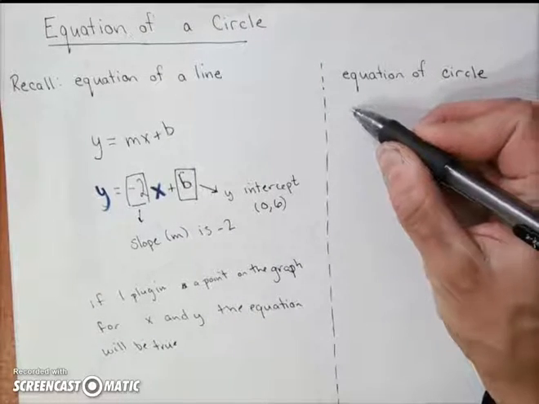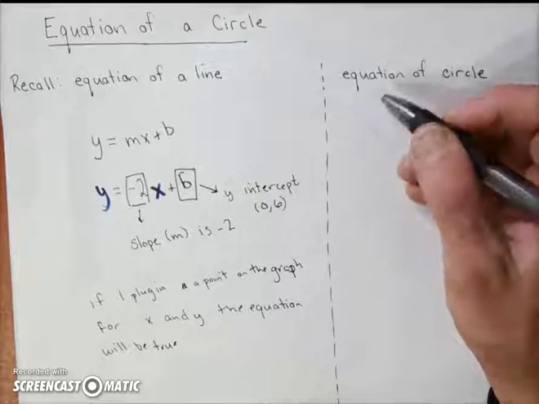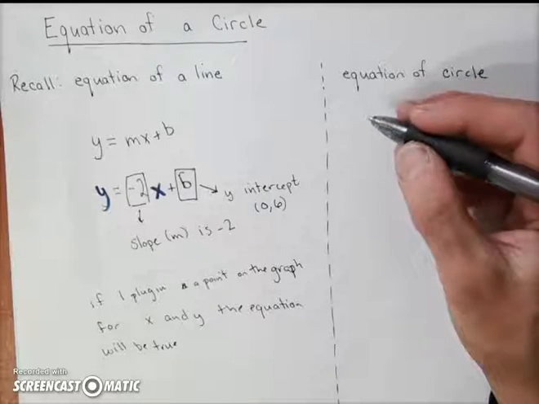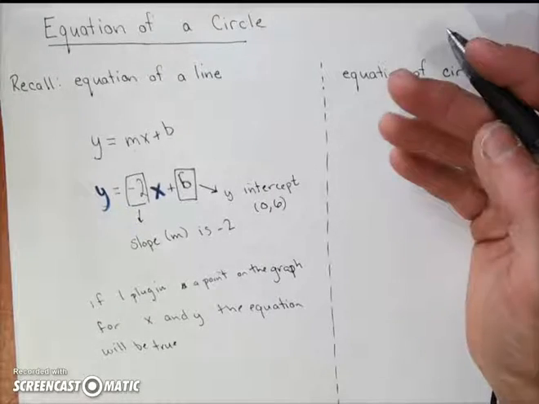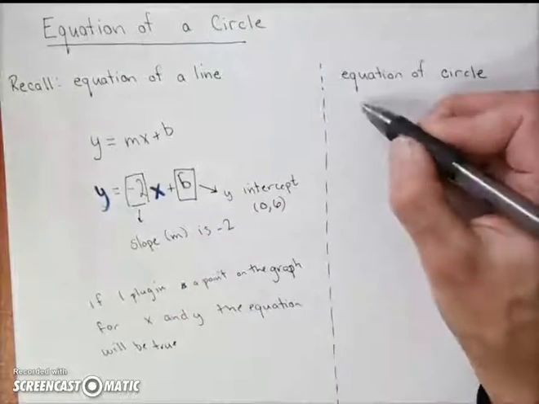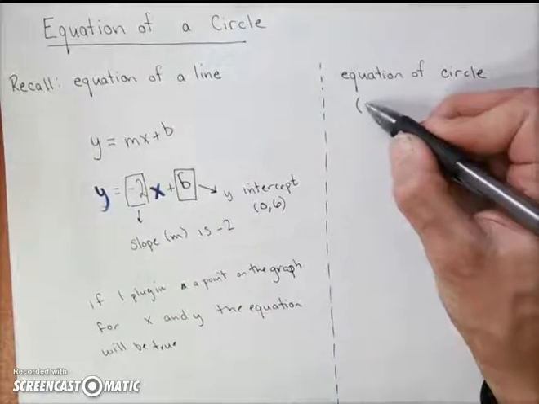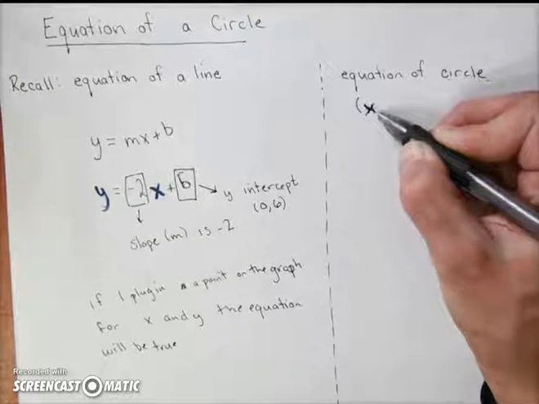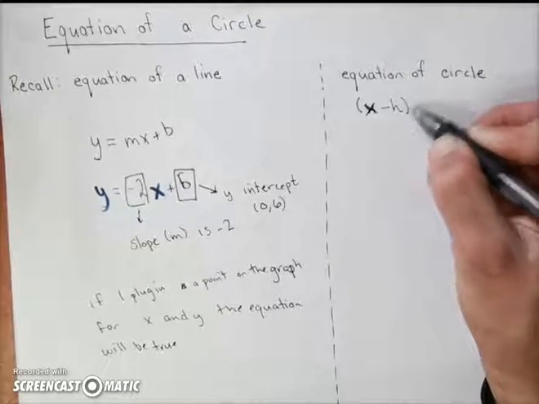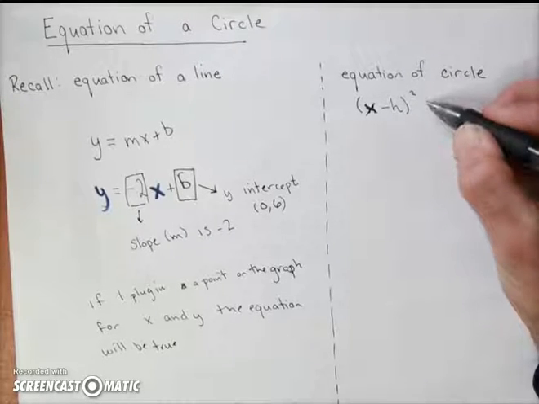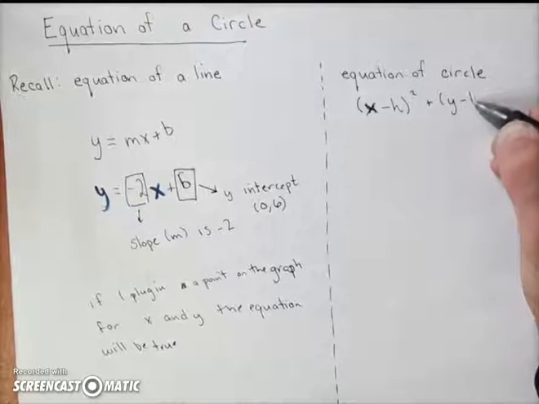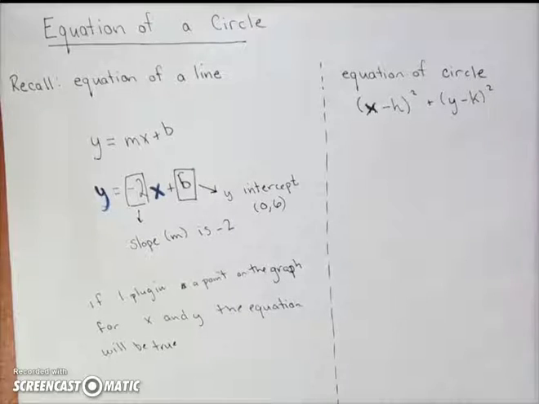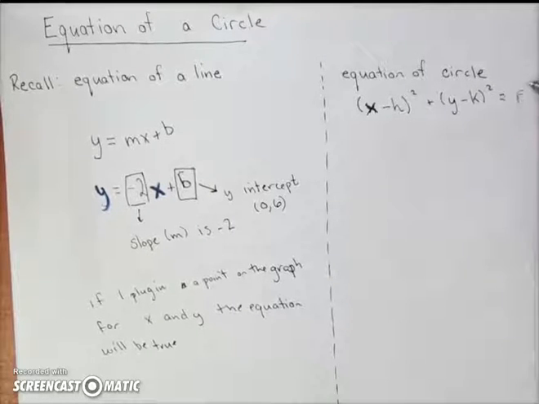Now the equation of a circle, I'm going to give it to you now, and if you're curious about where it comes from, I have another video that explains how the equation for a circle comes from the distance formula. But the equation of a circle is this. We'll write it as (x minus h) squared plus (y minus k) squared equals r squared.